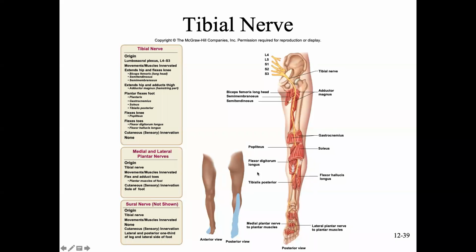Those are all then the function of our tibial nerve. Right? Then we have flexor hallucis longus, flexor digitorum longus, right? That allows us to flex our toes. So it also allows us for toe flexion as well. That's your tibial part of the sciatic nerve.